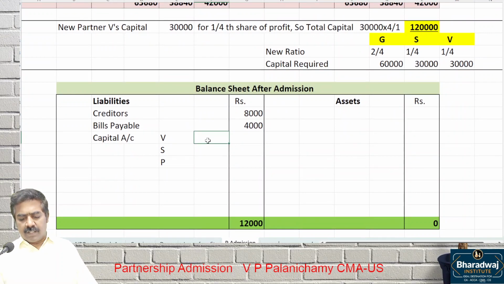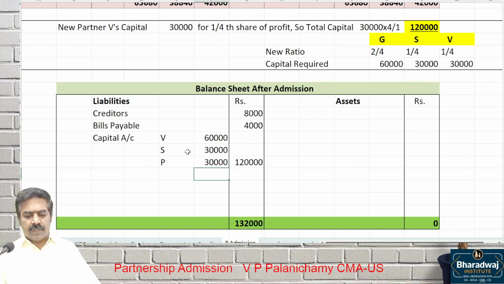Capital account of partners, how much? 60,000, 30,000, 30,000, totally 1,20,000.